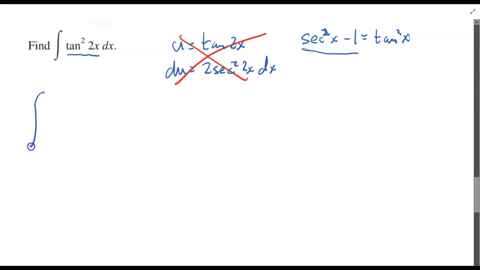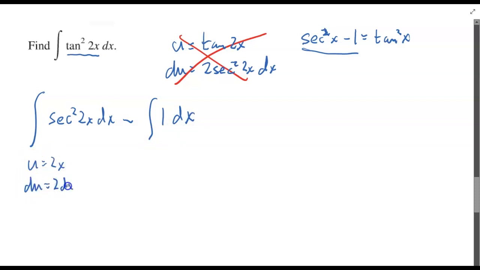So here we go. The integral of secant squared 2x dx minus the integral of 1 dx. Here I'm going to let u equal 2x, so du is 2 dx.